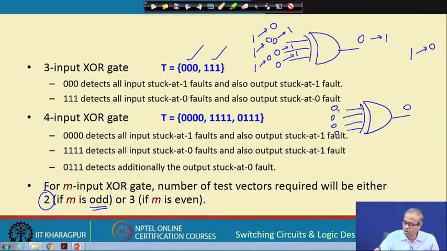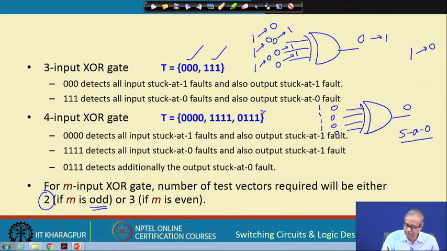This will detect all stuck at 1 faults in the input and also stuck at 1 in the output. But if we apply 1 1 1 1, for that also, with an even number of 1s, the output will be 0. This will detect all stuck at 0 faults in the input, stuck at 1 fault in the output, but only the stuck at 0 fault in the output is missing.